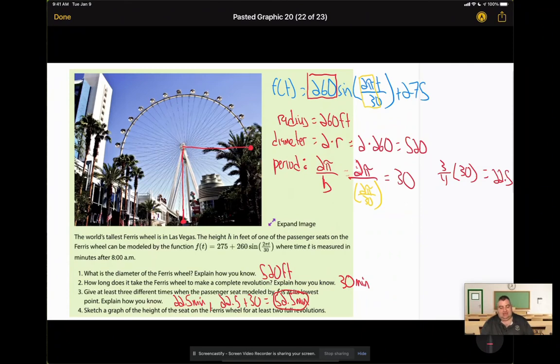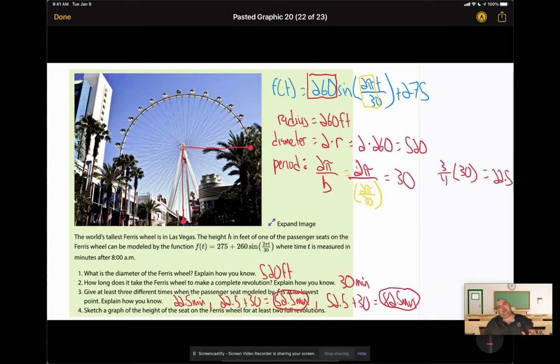That's the second time I'm going to be at the low point. And then the third time is going to be at 52.5 plus 30, so that's 82.5 minutes later. Those are 3 times in which I'm at the lowest point.